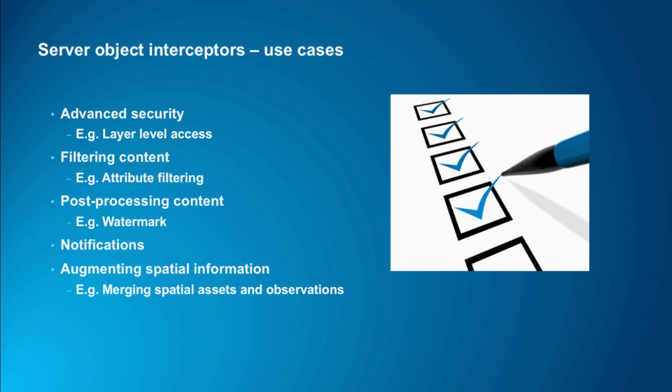So why write them? What can you achieve by writing SOIs? Well, the first and the biggest request that we hear from our customers, or from you, is that your out-of-the-box security model is not adequate for my custom needs.